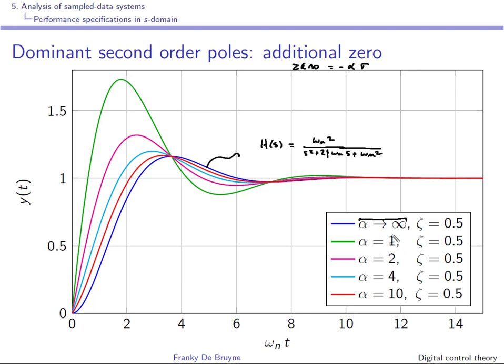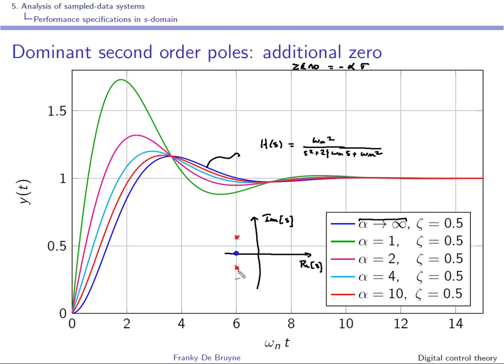And when alpha is equal to 1, you're really in a situation where this is the complex plane, real part of s, imaginary part of s. So you would have your poles, for instance, over here, and the 0 would be right here.